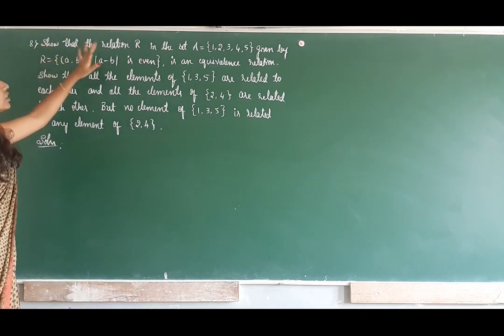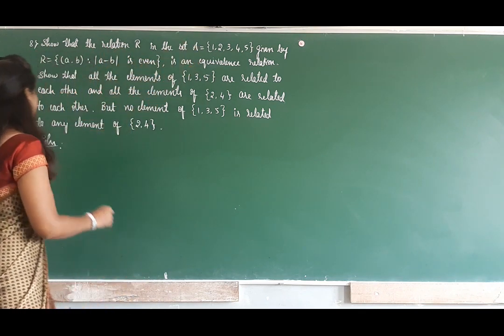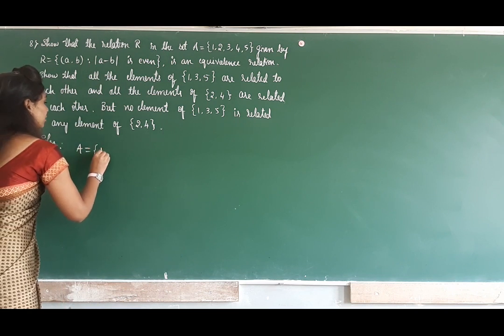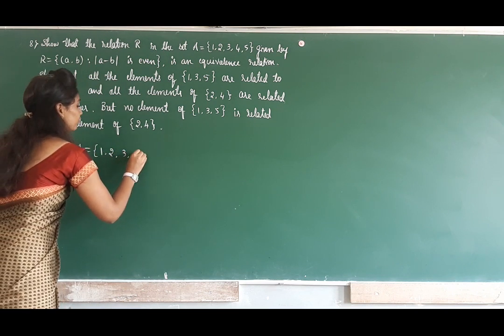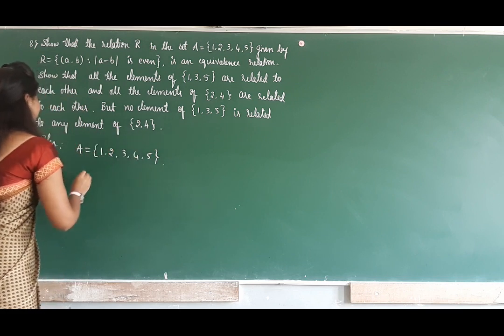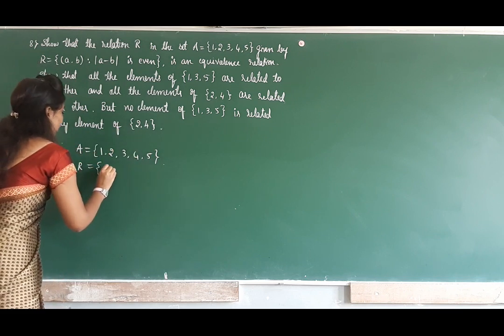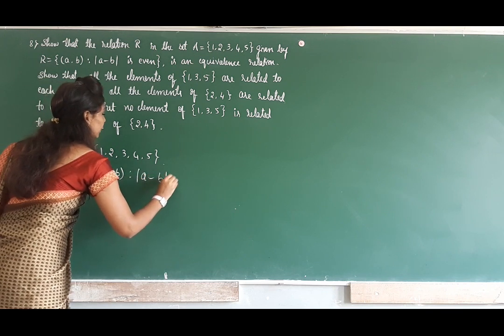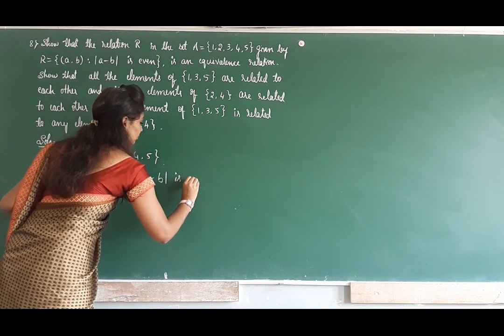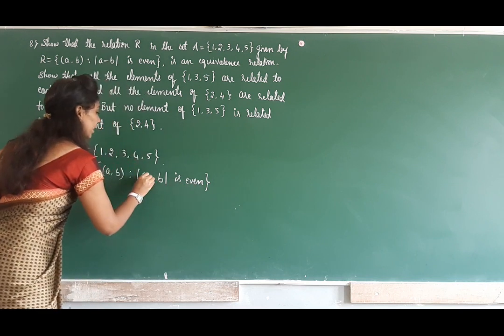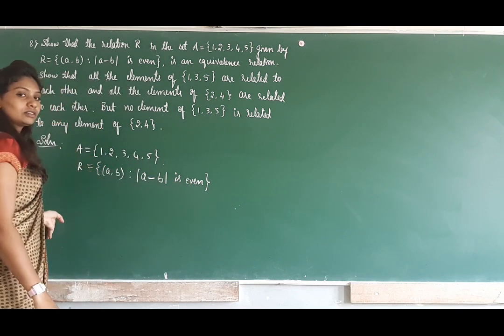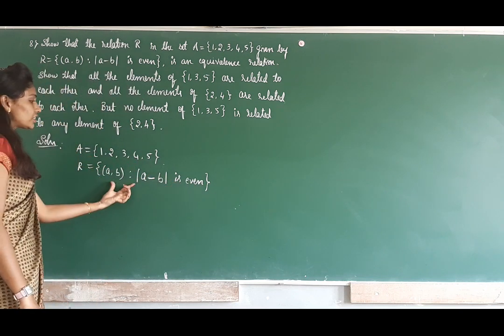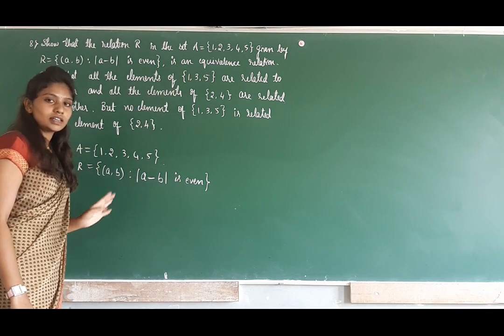Our set A is the elements 1, 2, 3, 4 and 5, and the relation R is the set of ordered pairs (a, b) such that the modulus of a minus b is even.